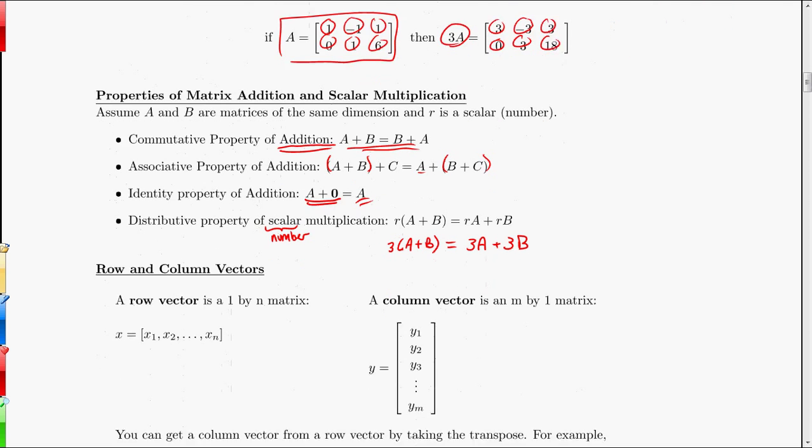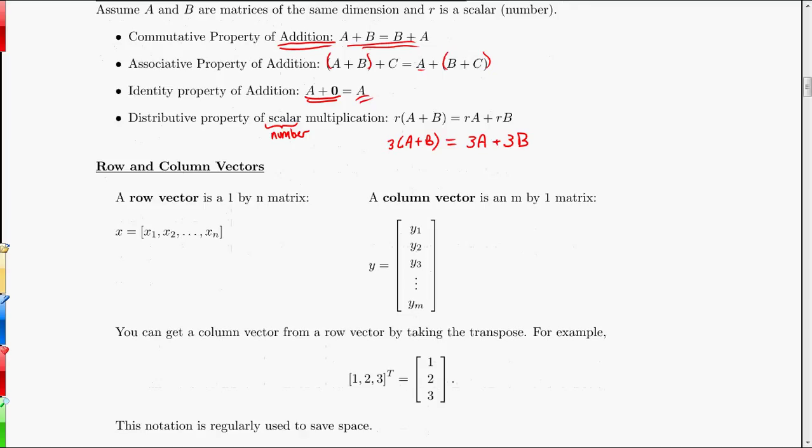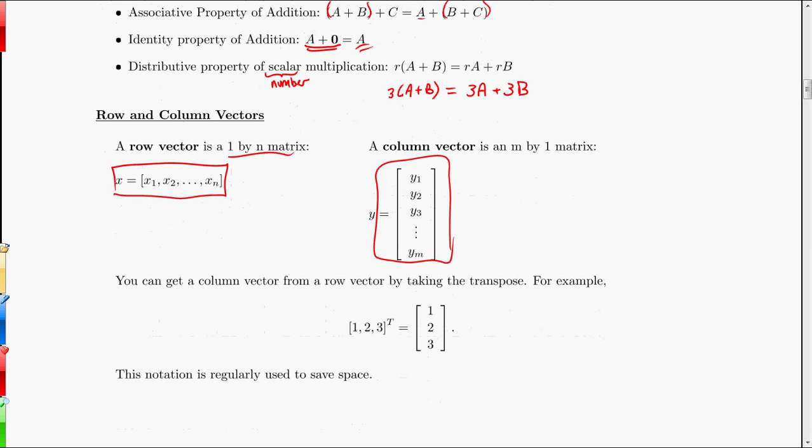Okay, so moving on. A row vector is just a 1 by n, and it looks like a row. A column vector is just an m by 1, and it looks like what you would think of as a column. And you can get a column vector from a row vector. Suppose I take 1, 2, 3, the row vector, and stick T up here for transpose.